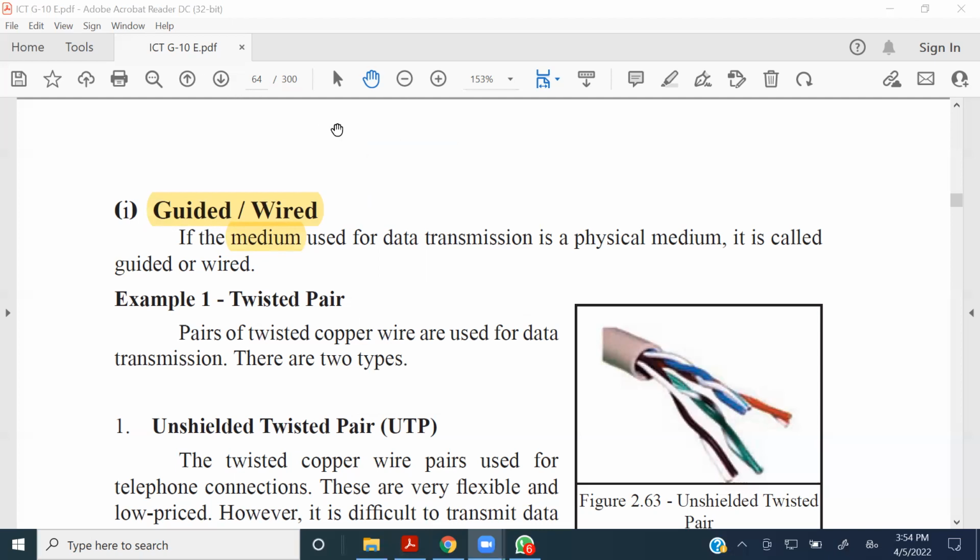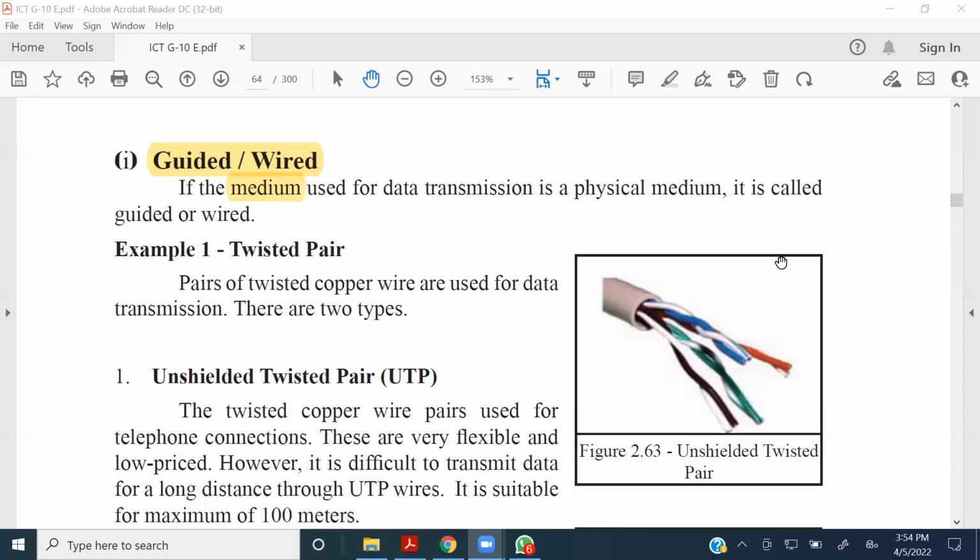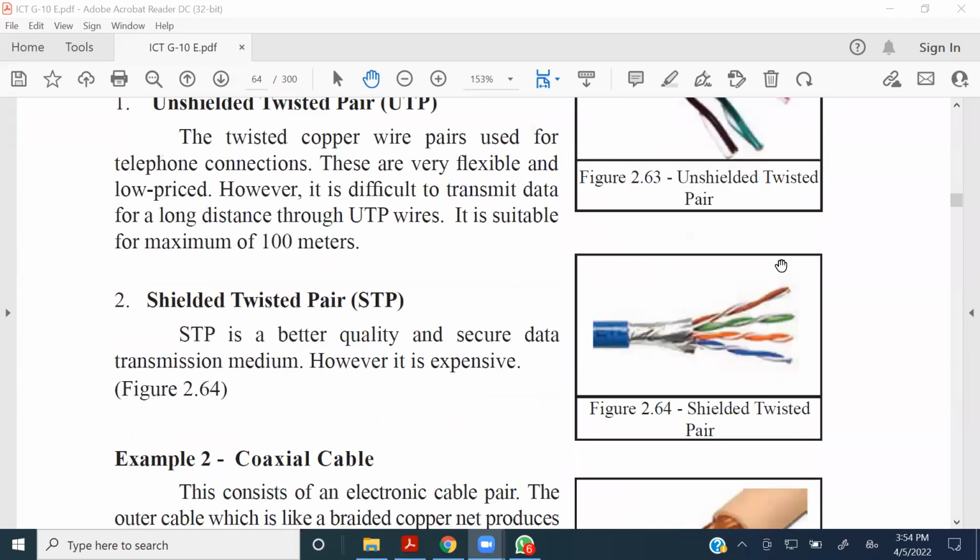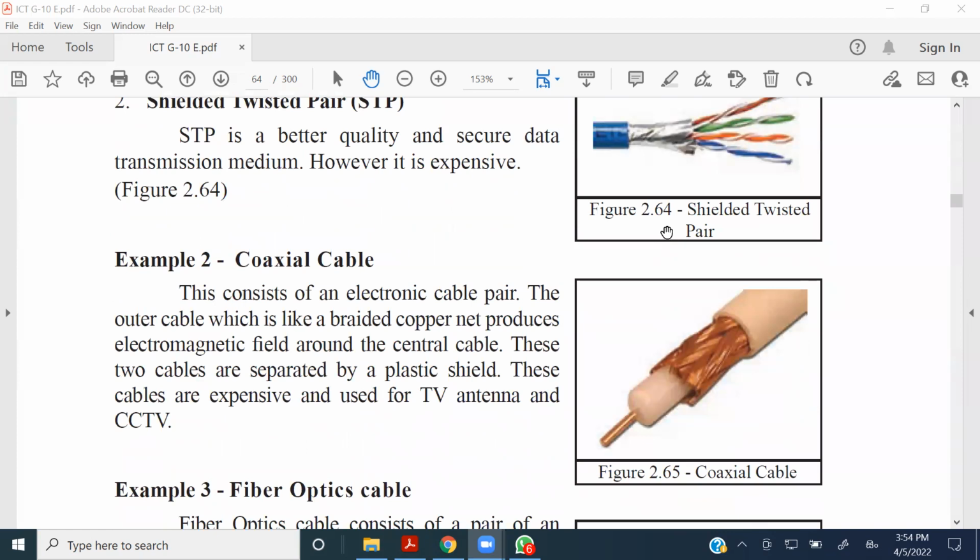Sanushi is asking to explain the coaxial cable. Sanushi, this copper cable is the one which mainly helps to communicate the data.